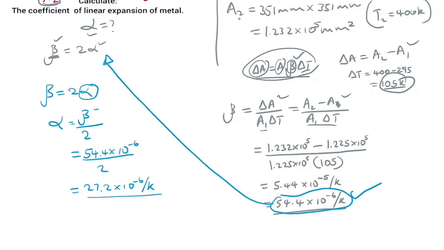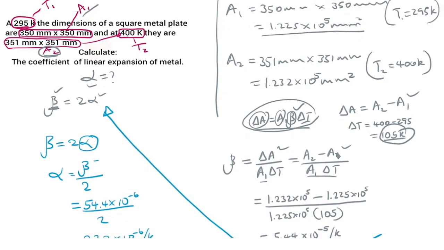I hope you have seen what I did here. Please pay attention and follow it step by step. Pause where you have to pause. Look at this. The problem statement here at first says at 295 Kelvin, the dimensions of the square metal plate are given.